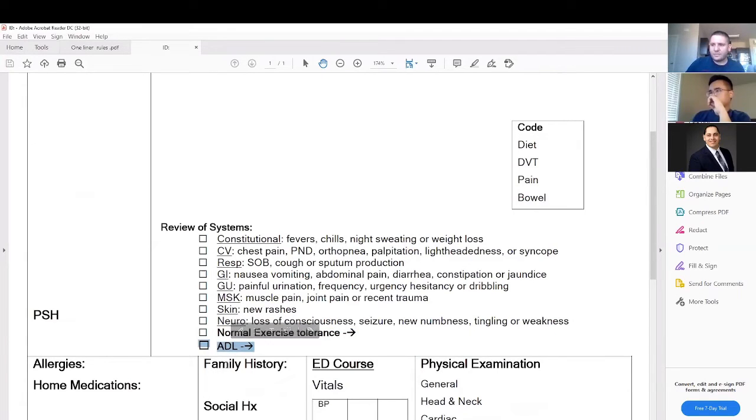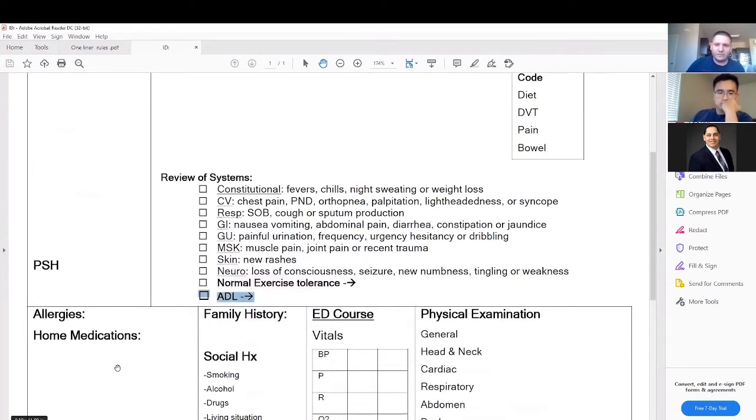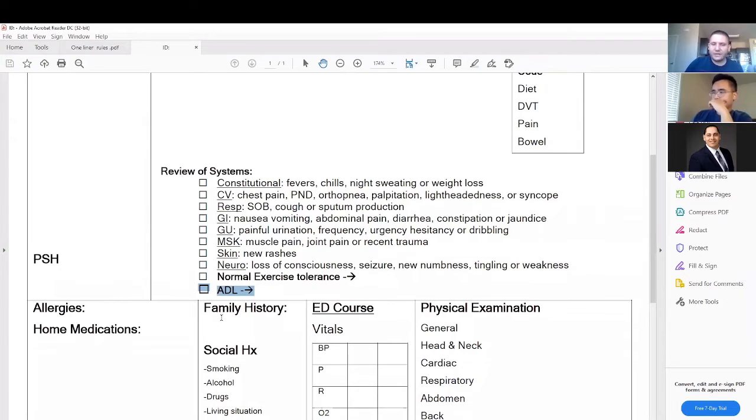And then the ADLs. We need to document the ADLs, the activities of daily living. Is the patient able to take care of himself? This is really important at the VA. Most of the people are frail, they are tired, they need some help at home. So you need to figure out, is this the baseline or is it below the baseline?